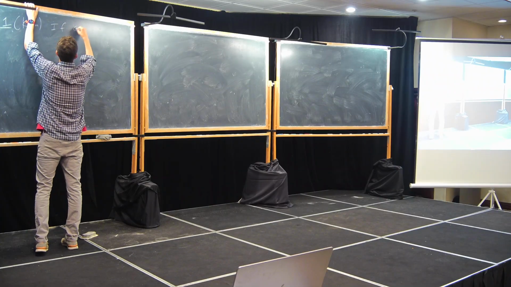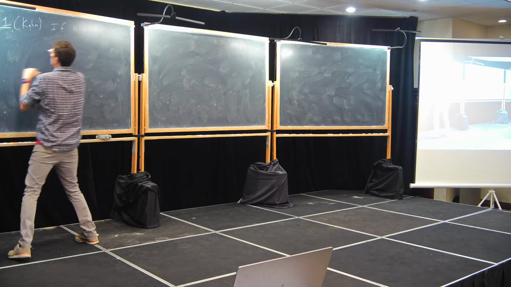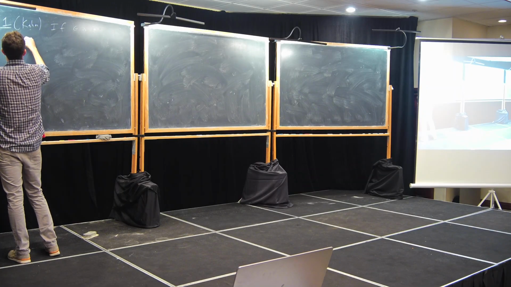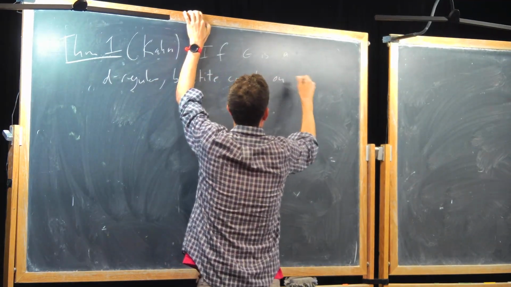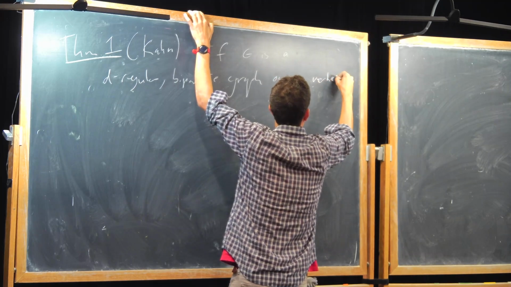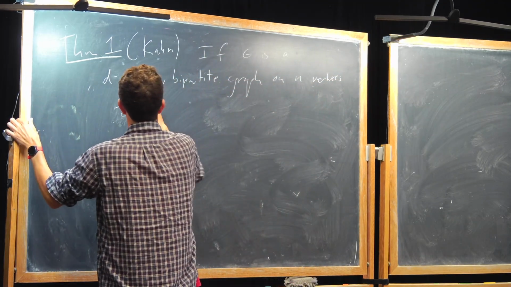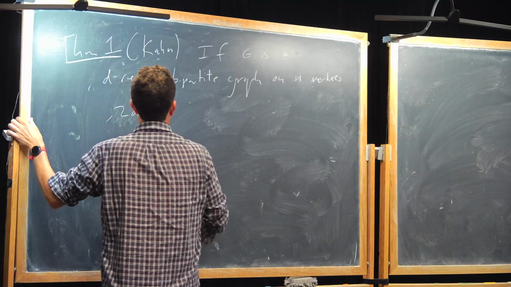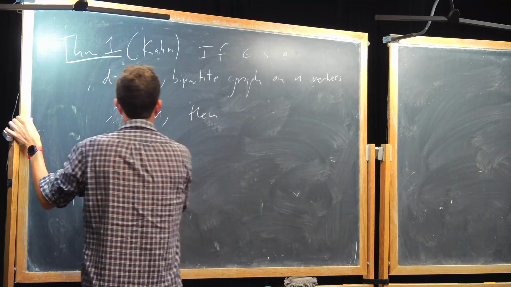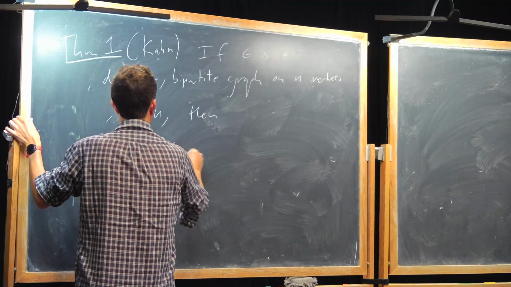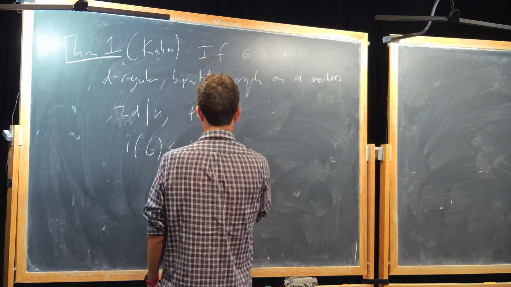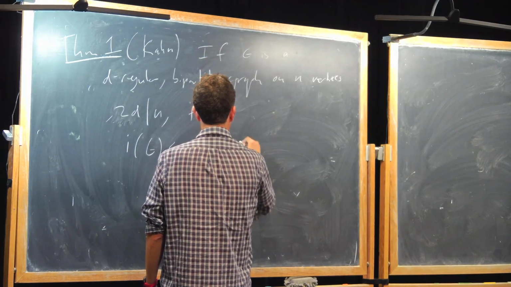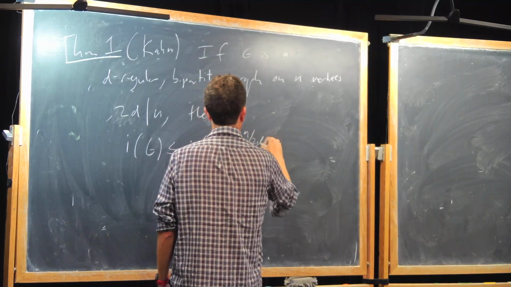If G is a D-regular bipartite graph on n vertices, and let's say 2D divides n, then the number of independent sets of G is at most the number of independent sets of, well, let me write, K_{D,D} to the n over 2D.